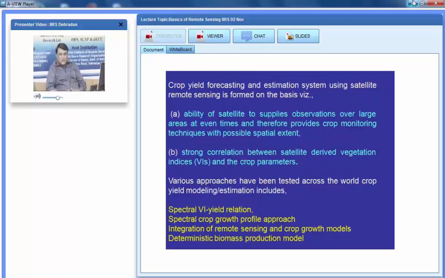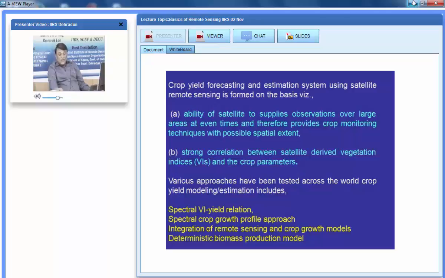In general, a crop yield forecasting and estimation system using satellite remote sensing depends on two bases. One is that satellites have synoptic viewing capability. They provide large coverage and supply repetitive multispectral observations over the growing season, thereby providing an option for crop monitoring to the fullest possible extent.